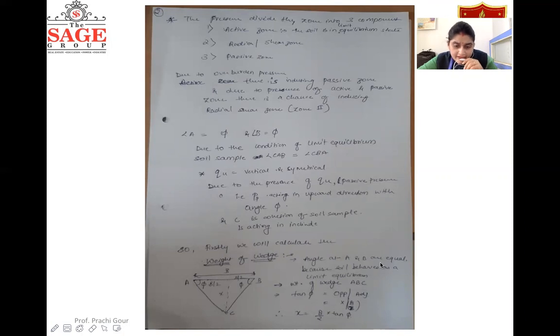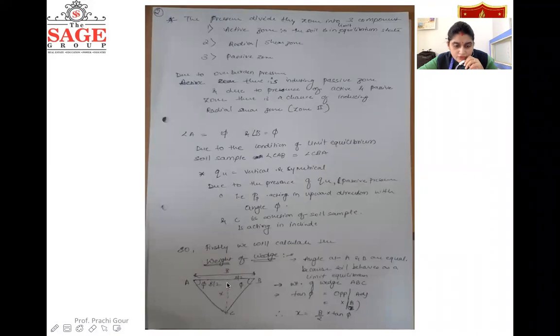So the angles at A and B are equal because the soil behaves as in limit equilibrium. We have to find the weight of the wedge ABC. For that we can write that tan phi is equal to opposite upon adjacent, as we know the value of tan theta. So we have B by 2 into tan phi, B by 2 into x.